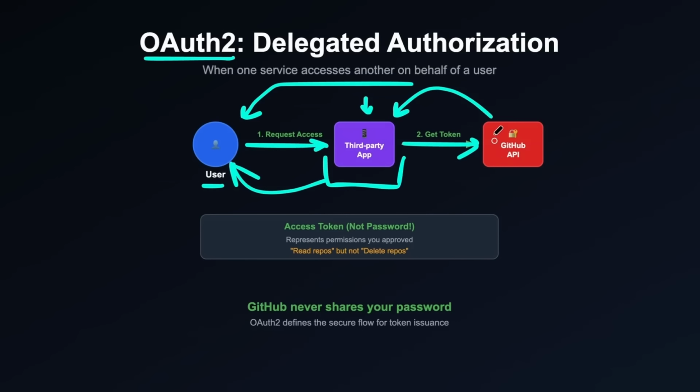And then GitHub sends them the token, which contains the permissions which this third-party app is allowed to use. And OAuth 2 defines the flow for securely issuing and validating those tokens. So you give them the access token and not your password, which represents the permissions that you approved personally. So it can be reading specific repos or also creating, pushing to those repositories, but not deleting those repositories.